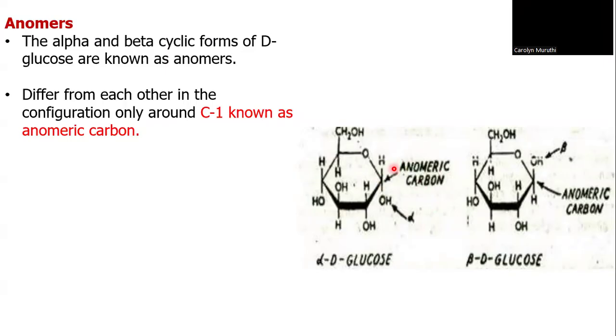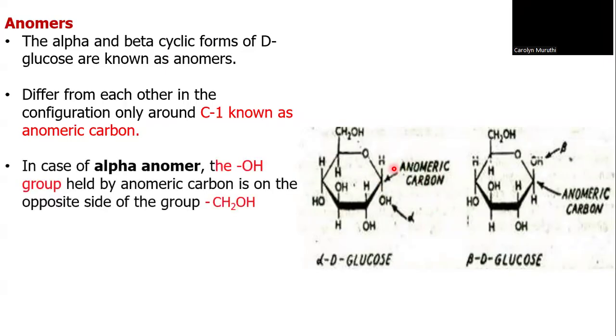Looking at the alpha anomer, the hydroxy group is on the opposite side of carbon number 6, that is the CH2OH.